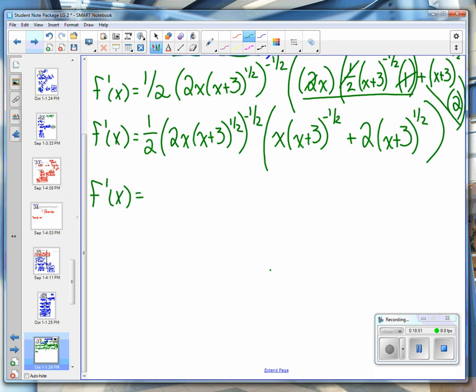Okay. So basically here, guys, I've got something that can go on the bottom, and everything is being multiplied. So we're going to end up with this guy here just to the power of 1, like that whole function is being multiplied. So we kind of have to keep it all together. I'm going to take x plus 3 to the power of negative a half.